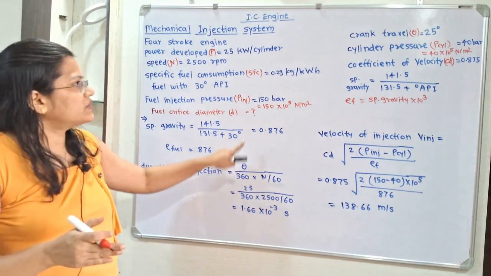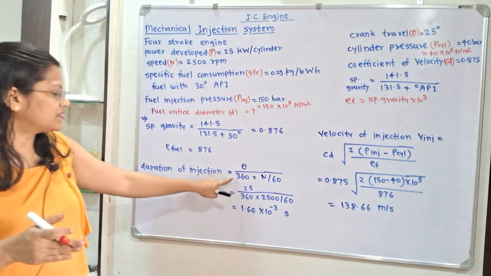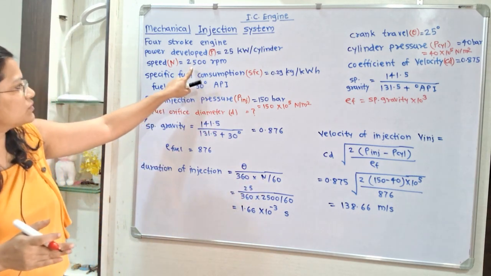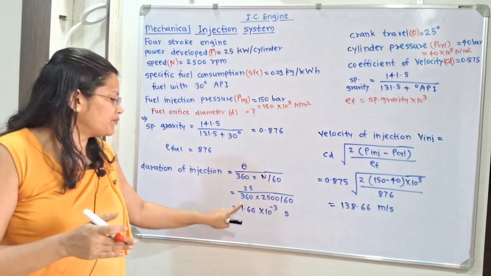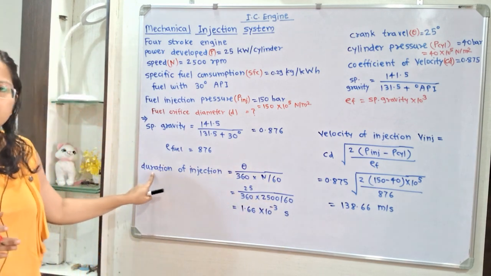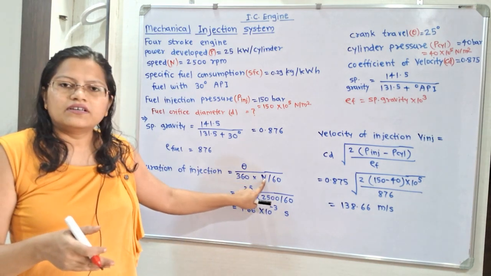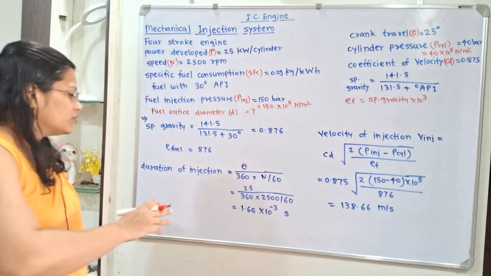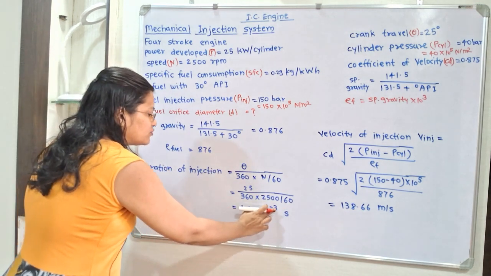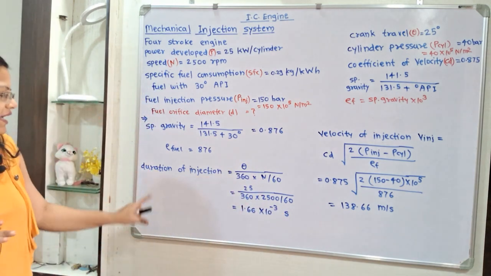When we put in the values, theta is 25 degrees, 360, and N is 2500 divided by 60. We get the duration in seconds, because we have used revolutions per second. So 1.66 into 10 raised to minus 3 second is the answer.